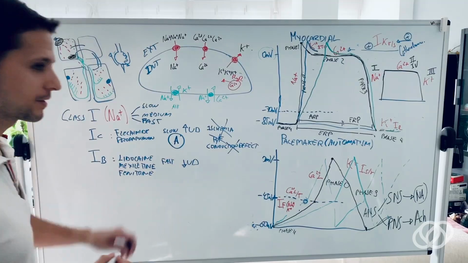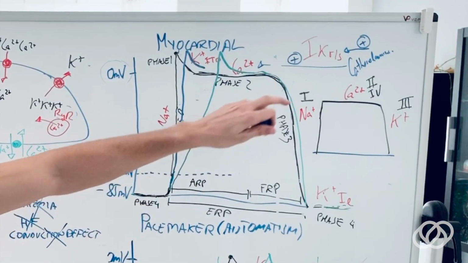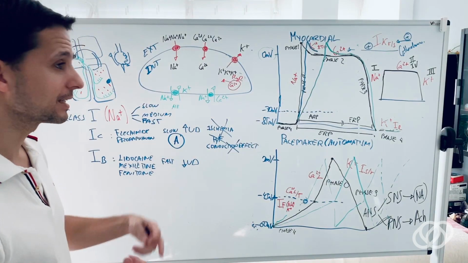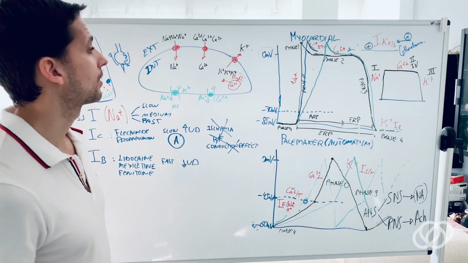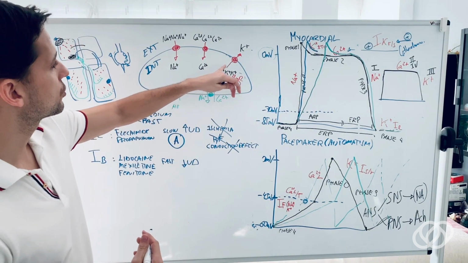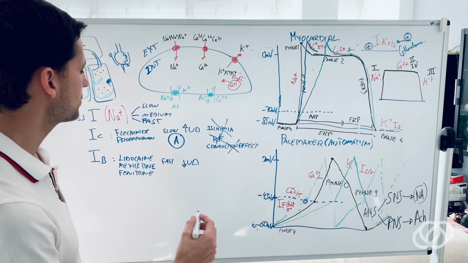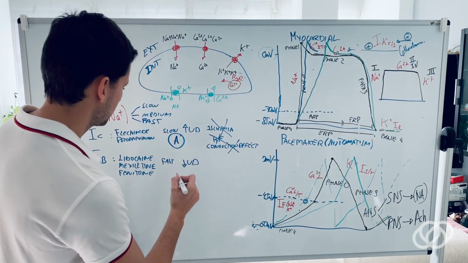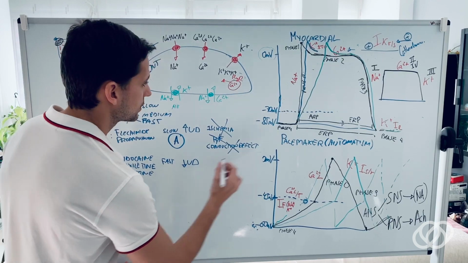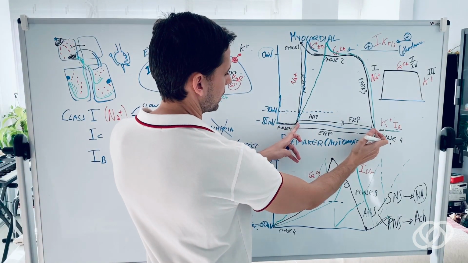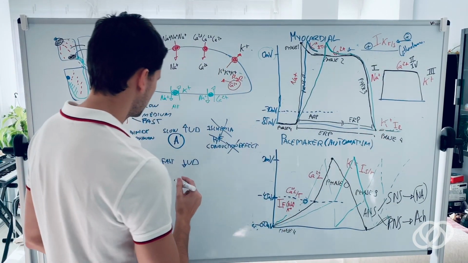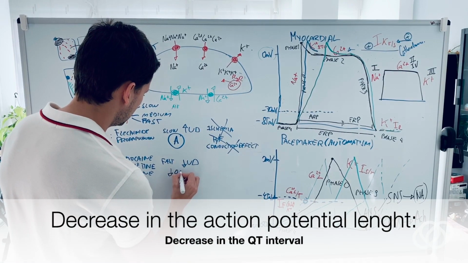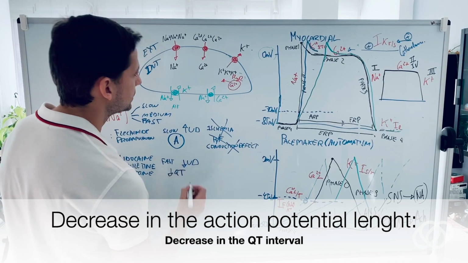They also have an effect on potassium channels, but they enhance the current of potassium going out from the cell. So in that case the QT interval, that is the length of the action potential, will be decreased. The QT will be decreased.